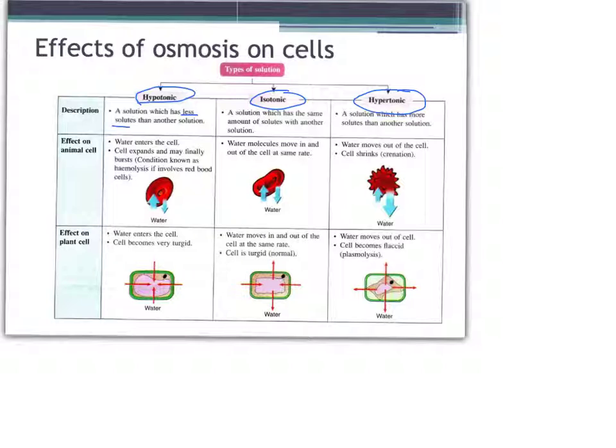So we look at drawing our little beaker down here. A solution has less solutes than another solution. That's what you always want to compare. And I like to look at it as what's going on the outside compared to the inside. So if a solution has less solutes, we're going to draw little squigglies here.